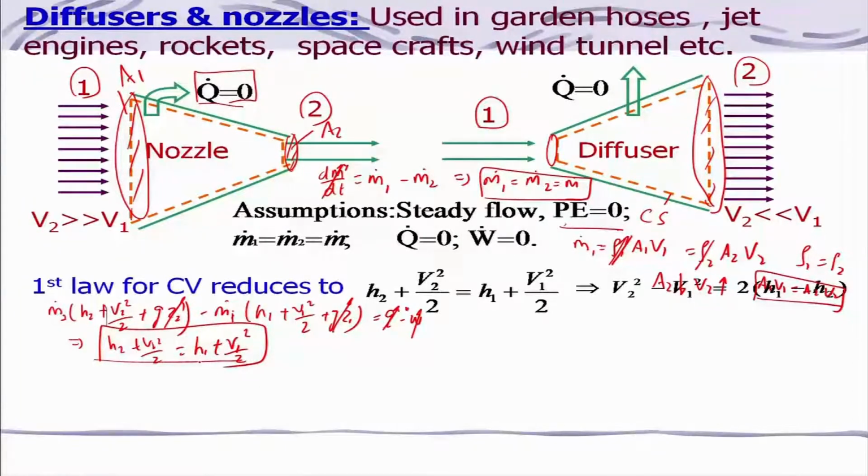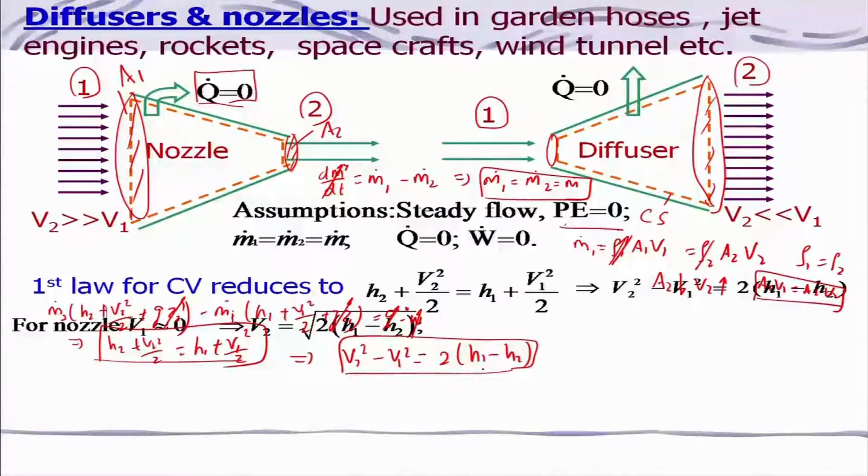So we can write this basically as V2 square minus V1 square is equal to 2 times (H1 minus H2). Therefore, if V1 is very, very small, about 0, then V2 is equal to root over 2 (H1 minus H2).